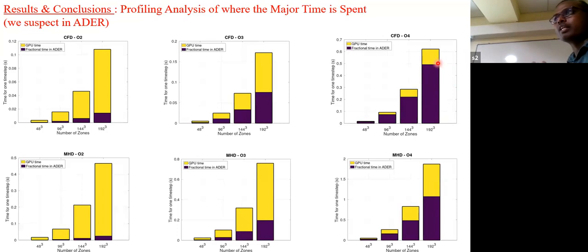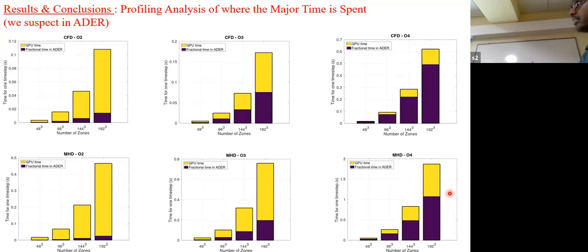Because of that, we face higher execution time on GPUs for the Aider scheme. It remained a bottleneck. The same situation was replicated on the MHD as well. This is MHD second order, MHD third order, MHD fourth order. The yellow color is the total execution time, and the purple or violet color region is the time taken by the Aider scheme, which is much larger for the fourth order.